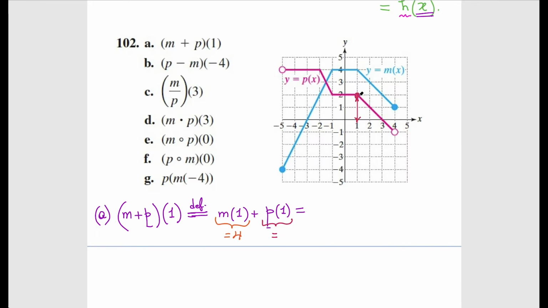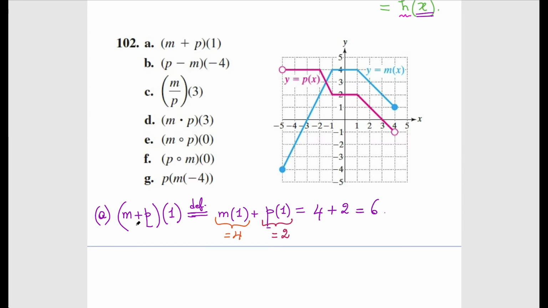That's the point whose coordinates are 1 comma p of 1. And what's that y coordinate? It's a 2. So that means that m of 1 plus p of 1 is 4 plus 2, which is 6.